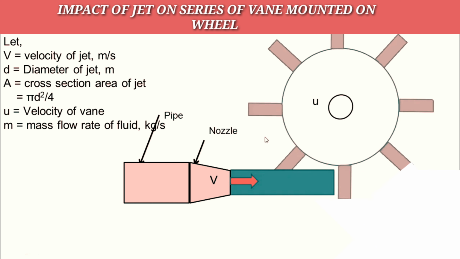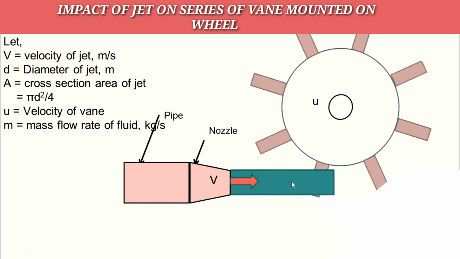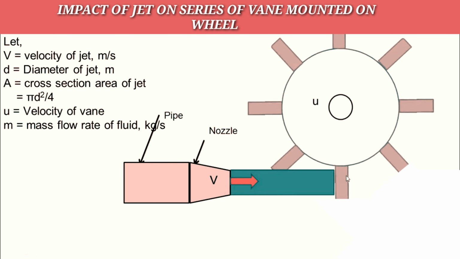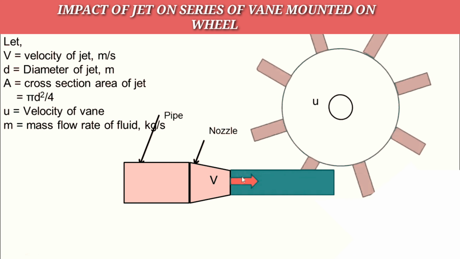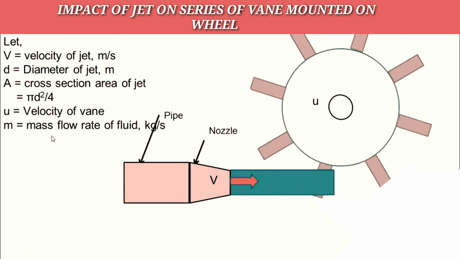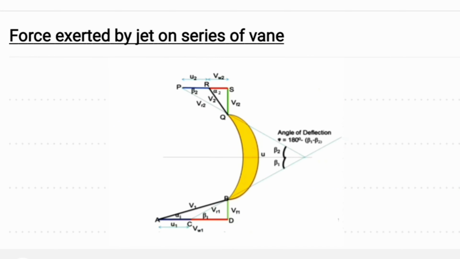When this plate moves ahead, the next plate will occupy this place. Since here mass of water strikes the plate with the same velocity at the same place, we will take mass per second as rho into a into v1, not rho into a into vr1.